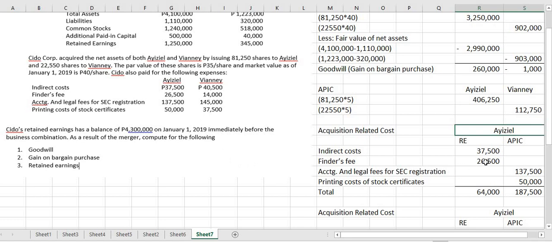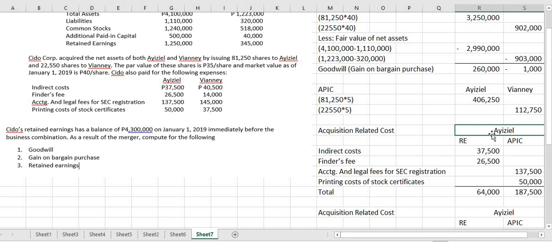Yung finder's fee na 26,500, charge din siya to RE. Yung accounting and legal fees for sa registration, i-charge din siya kay additional paid-in capital. Okay, so that's 137,500 and 50,000. So, total RE is 64,000, yung APIC is 187,500.